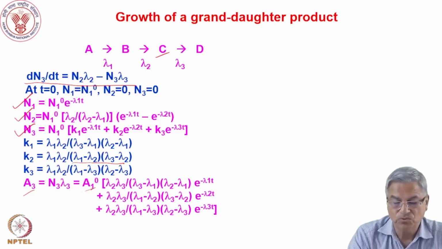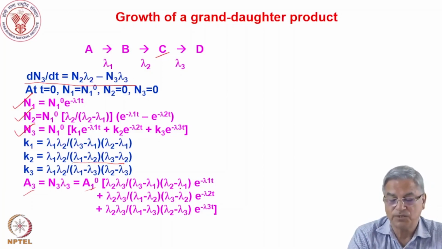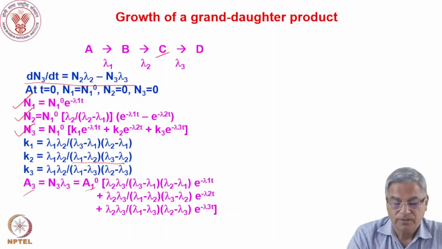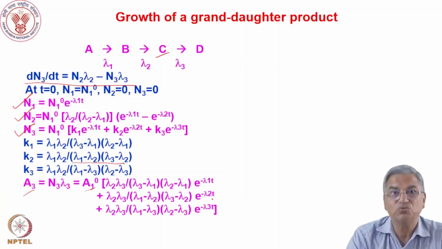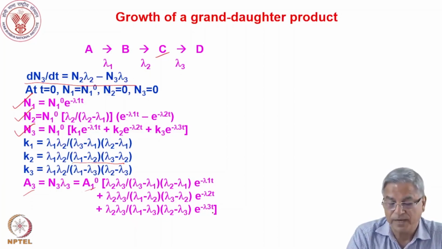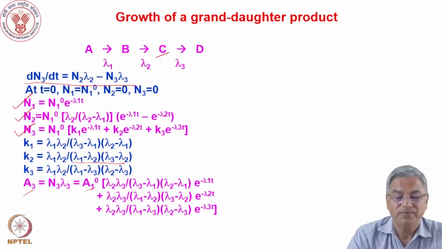So A3 equals lambda 2 lambda 3 upon lambda 3 minus lambda 1 into lambda 2 minus lambda 1 e raised to minus lambda 1 T plus lambda 2 lambda 3 upon lambda 1 minus lambda 2 into lambda 3 minus lambda 2 e raised to minus lambda 2 T plus lambda 2 lambda 3 upon lambda 1 minus lambda 3 into lambda 2 minus lambda 3 e raised to minus lambda 3 T. So using this equation you can calculate even the activity of the granddaughter product.